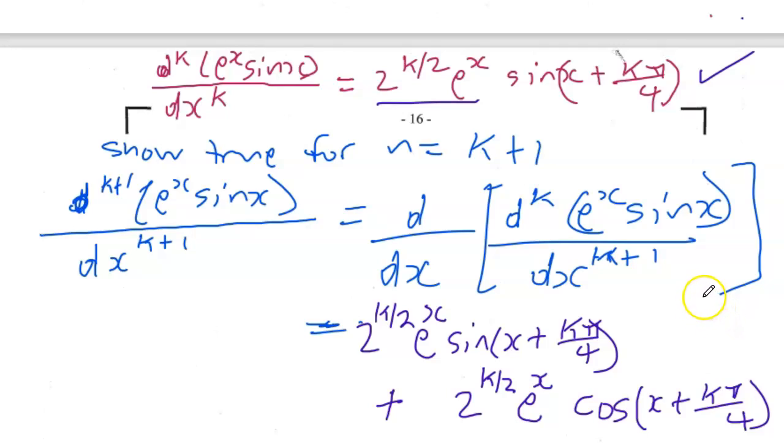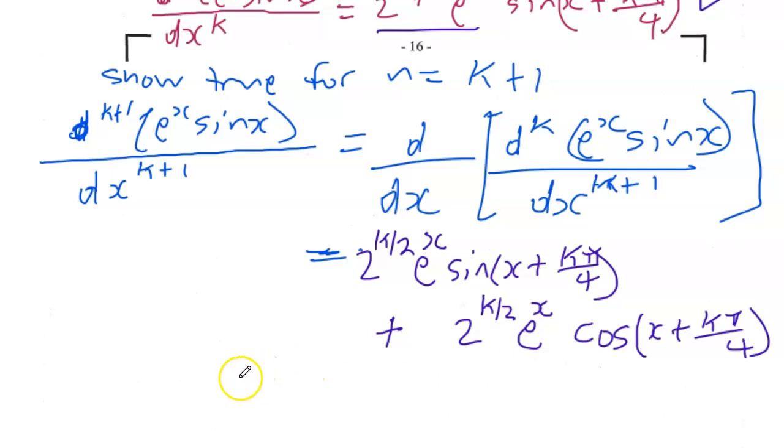So what we could do, notice we have a common factor there, 2 to the power k over 2 e to the x. So we factor out 2 to the power of k over 2 e to the x.